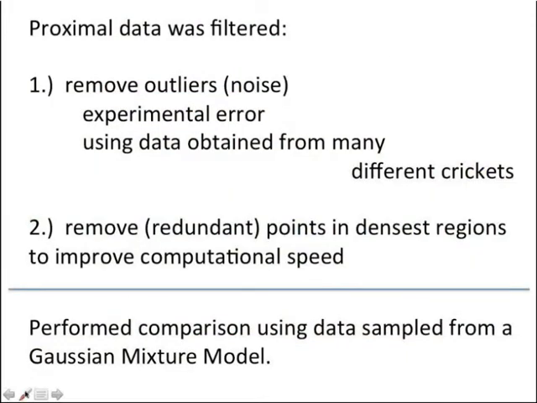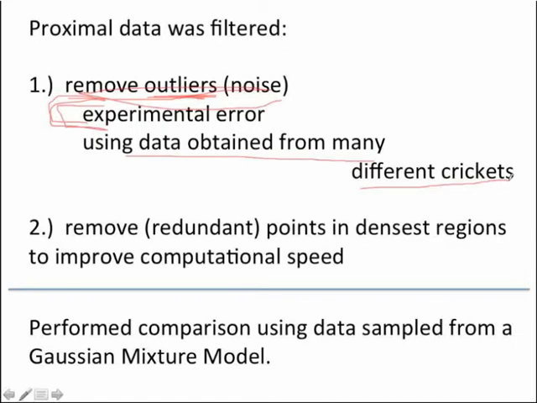The proximal data set was filtered, first off, to remove outliers. There is always noise, there's always experimental error, so removing outliers is a good thing. But this data was also obtained using many different crickets.